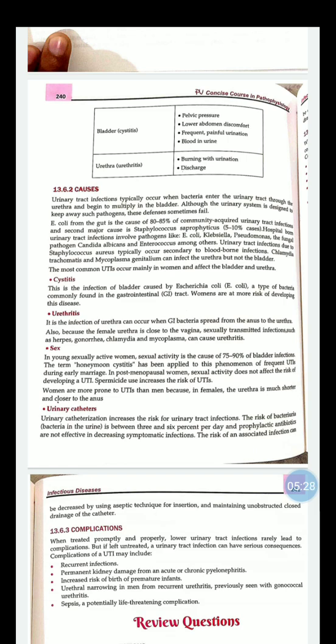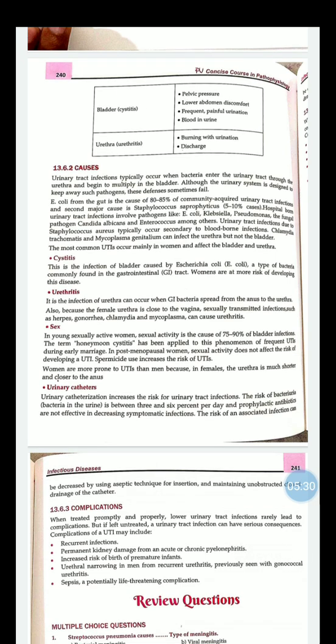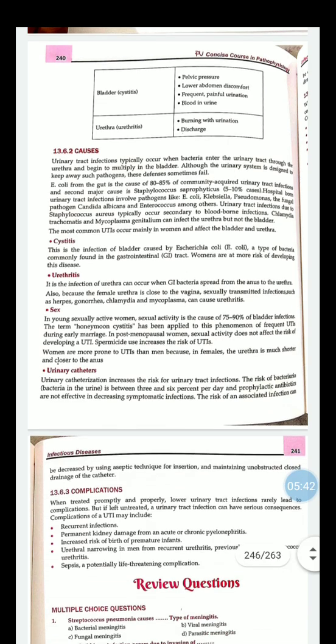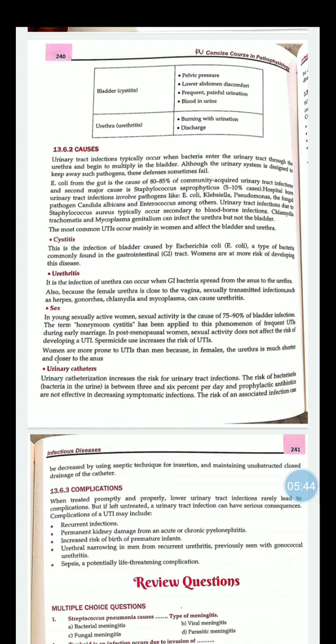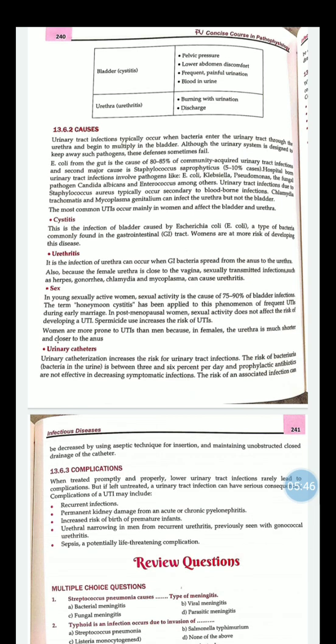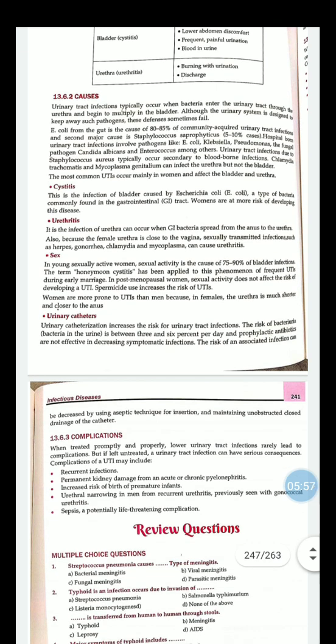I am repeating: generally this infection occurs when bacteria enter the urinary tract through the urethra and begin multiplying in the bladder. The main cause is bacteria, which enter your urinary tract through the urethra and multiply in the bladder.